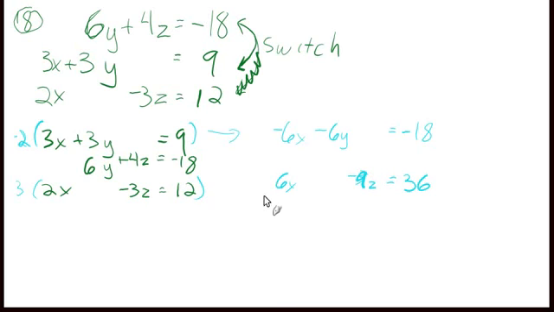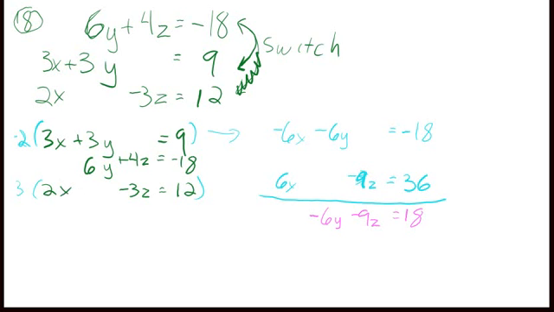And what we're going to do is add those together. Add these two equations together, we wind up with no x's, but then we have a negative 6y, negative 9z, and that is equal to 36 minus 18. And that is 18. So we have this new third equation where we've canceled out this x and we have a new thing with no x's left. So let's rewrite that.